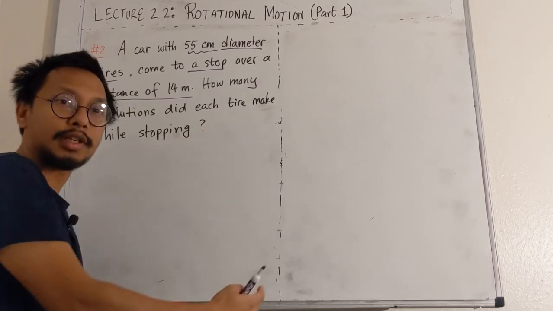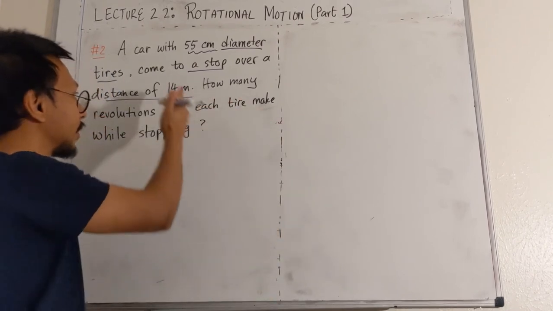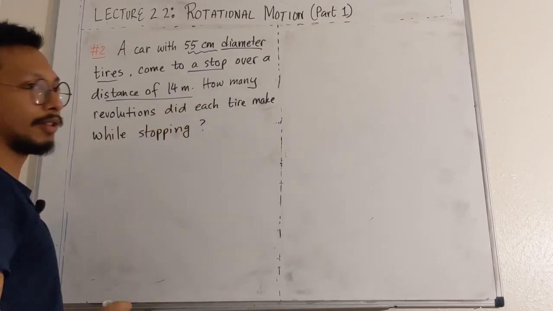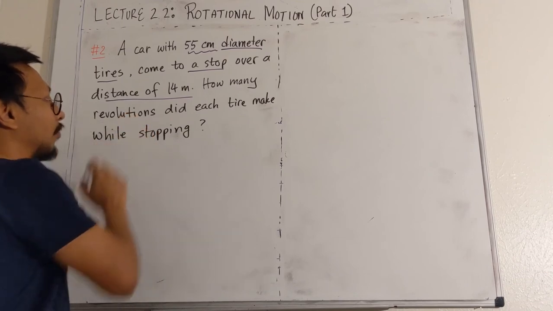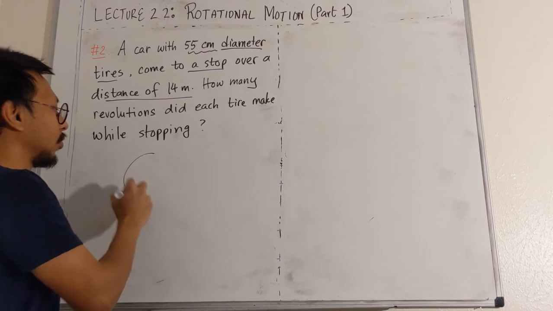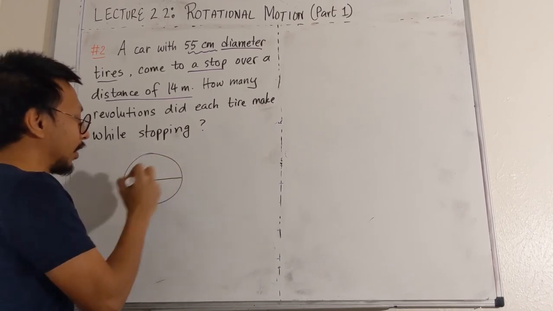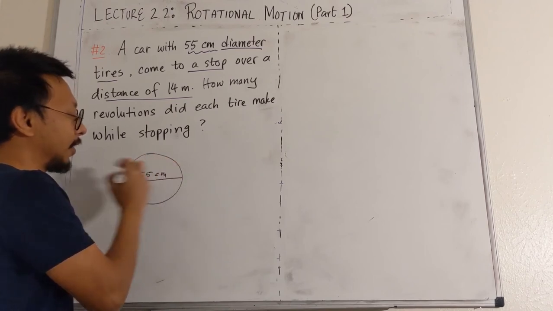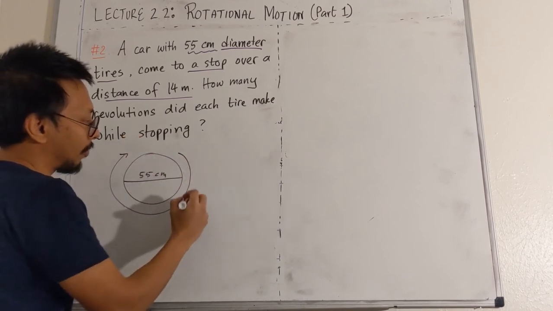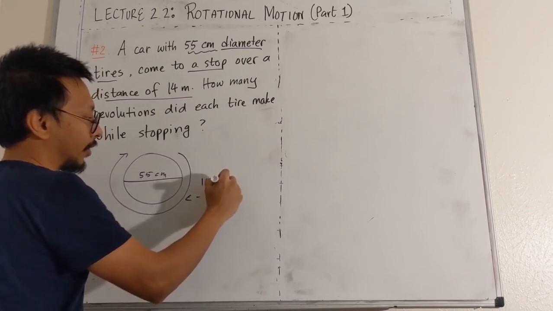How does it cover a distance of 14 meters? The tires rotate, and the total rotating distance is 14 meters. How many revolutions did each tire make while stopping? Revolutions is our target. So we have a tire with a diameter of 55 centimeters, and it rotates to a stop covering a rotating distance of 14 meters.